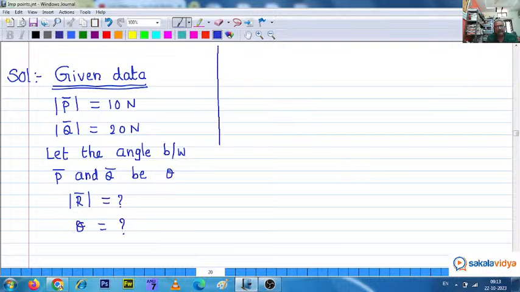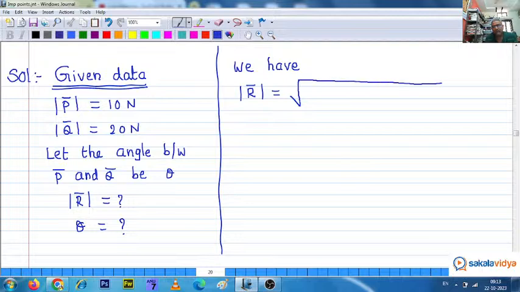So, let us proceed. The resultant force mod R is equal to root over modulus of P square plus modulus of Q square plus 2 modulus of P modulus of Q cos theta. Let us substitute.